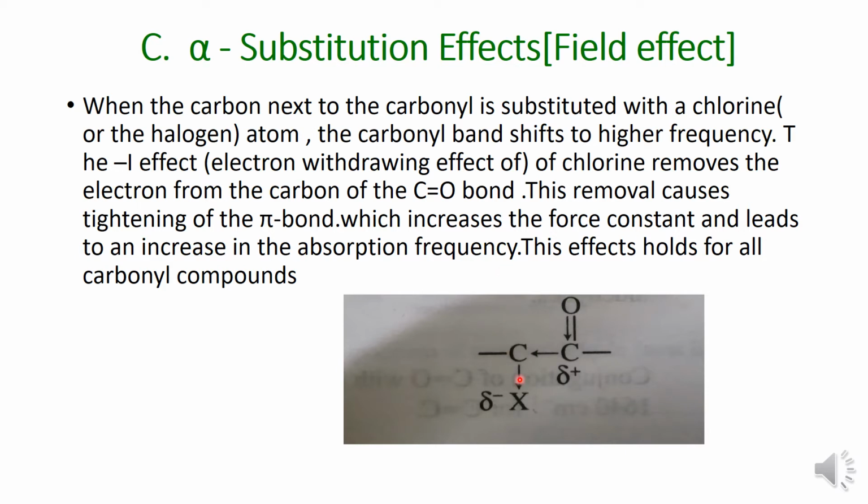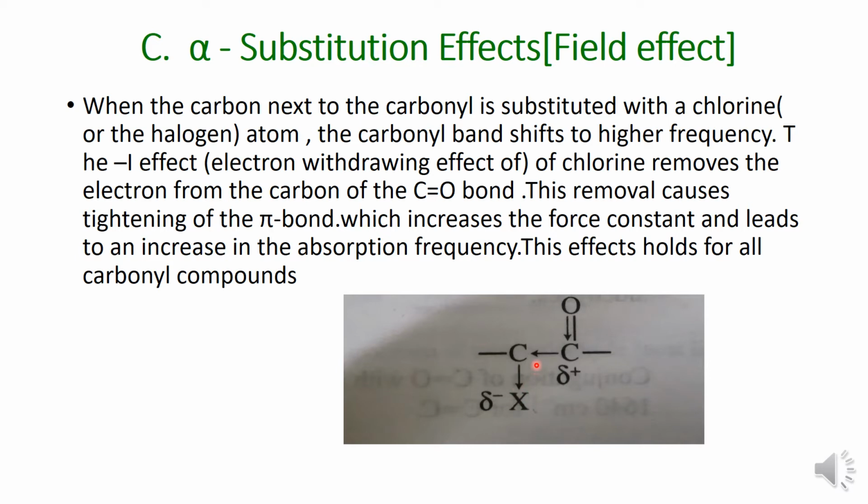That means if a halogen is attached to the neighboring carbon of the carbonyl carbon, the C-C single bond weakens due to the electron abstraction by the halogen atom, the electron withdrawing effect of the halogen.